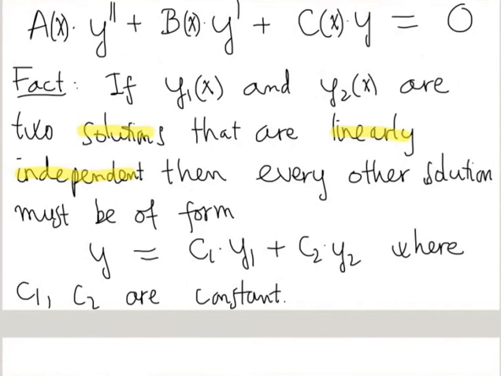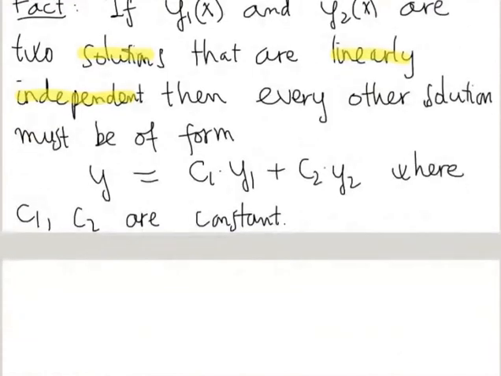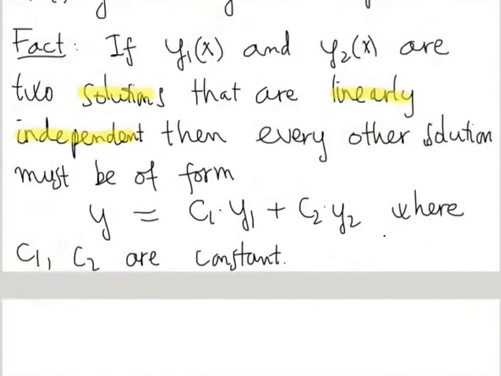It says that every other solution must be of this form. We don't have any other type of solution. This is very important because once we know y1 and y2, then we can describe all the solutions.